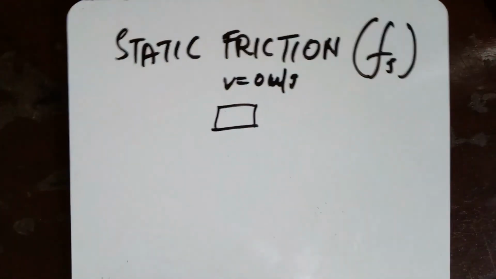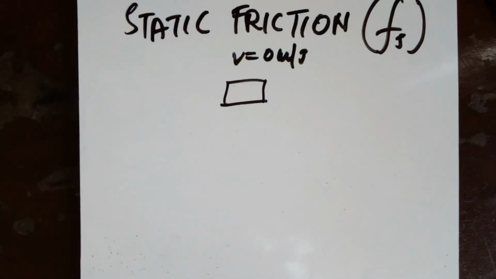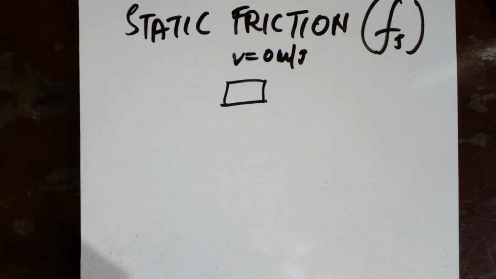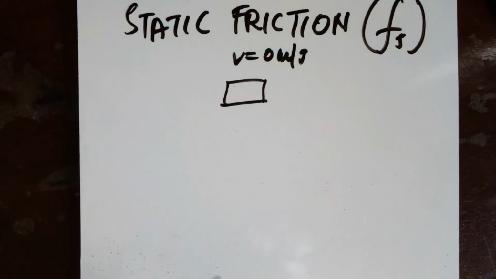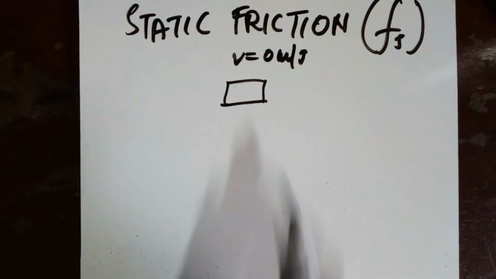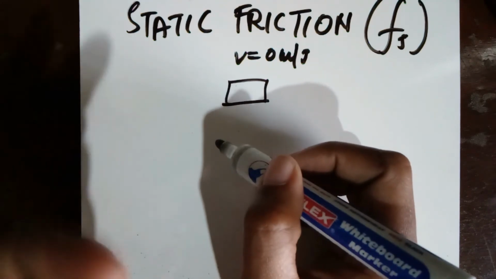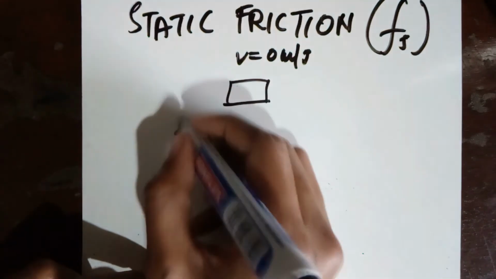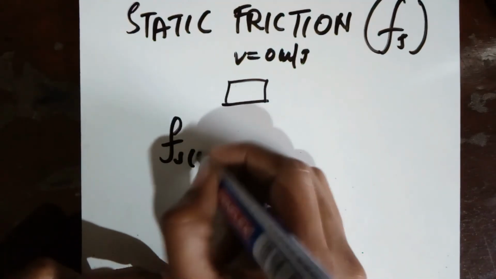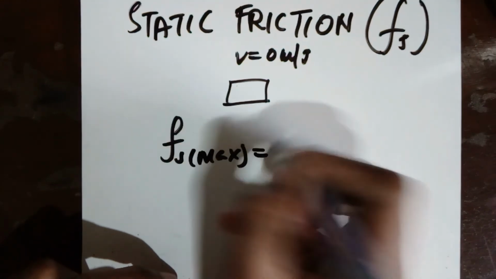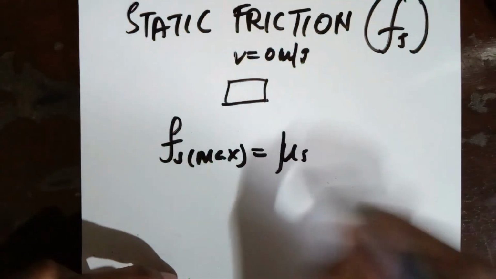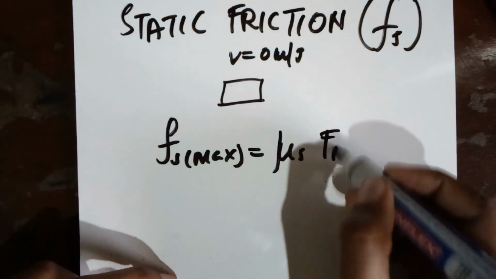The formula uses something called Fs max, which is the magnitude of friction when the object just starts to move. Just the second before it moves, that's when we get the maximum static friction, and it's given by the coefficient of friction multiplied by the normal force.